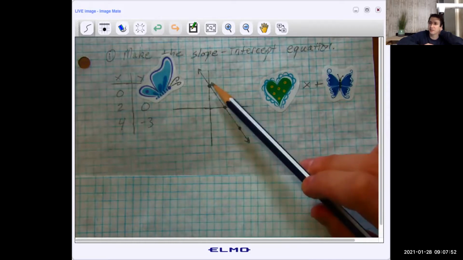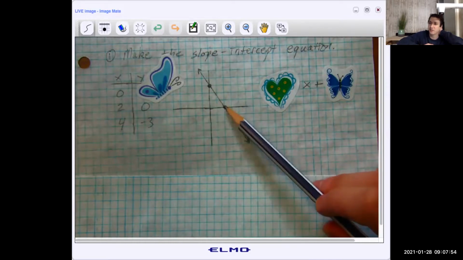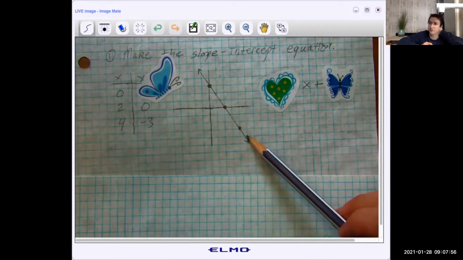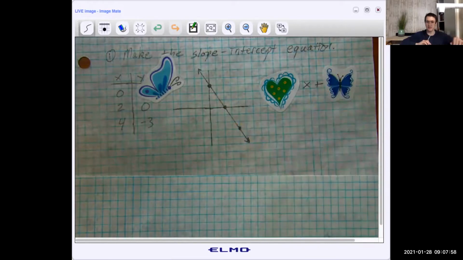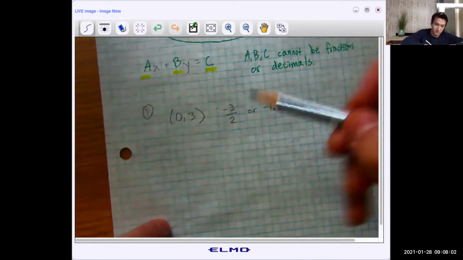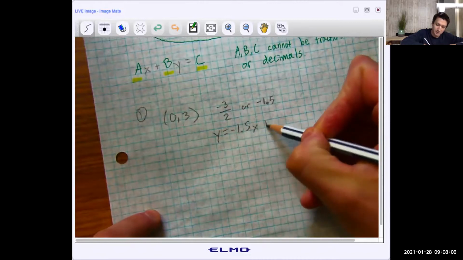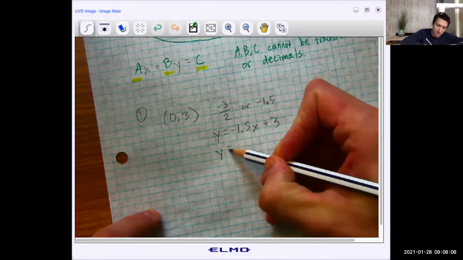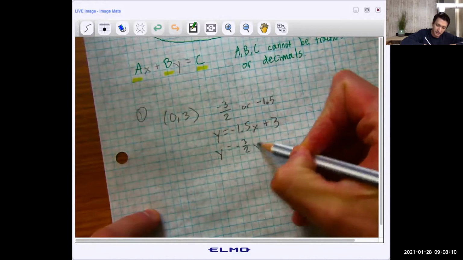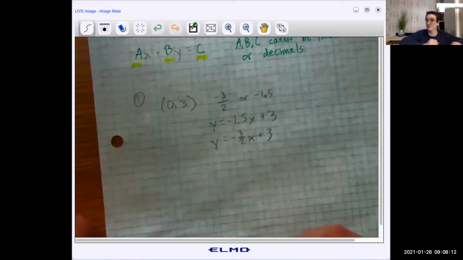You can even see the slope right here. Down 3 over 2. So negative 3/2 x plus 1.5, or plus 3. Yeah, so there we go. So the equation for this one then would be y equals negative 1.5x plus 3, or the way I like it more is if you just leave it as a fraction. It's going to help you later on, like in geometry and stuff, if you leave it like that.